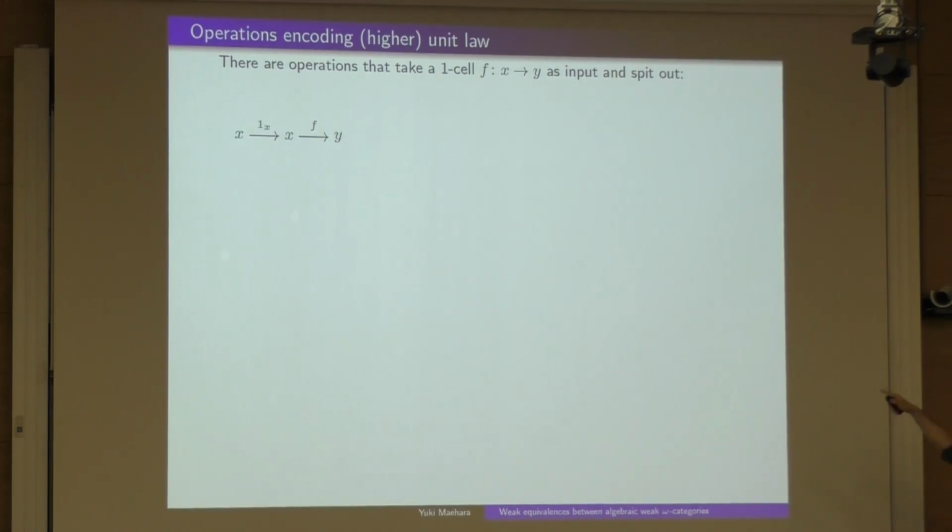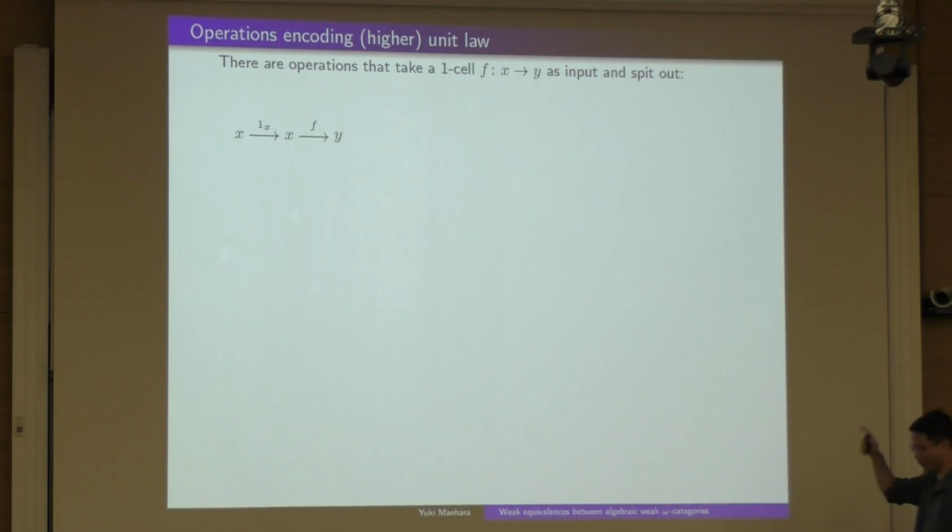And although I've been calling this thing the identity, it's not the strict identity because we haven't enforced any law like that. So this is just some one cell in your weak omega category X. So we don't have that this is equal to f.